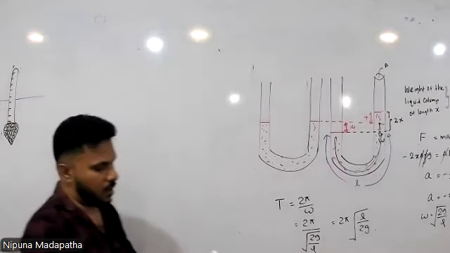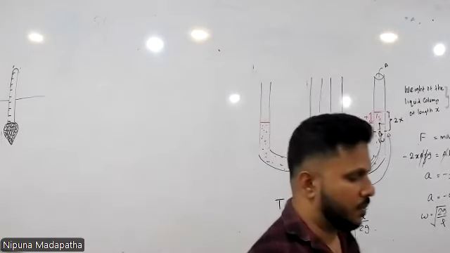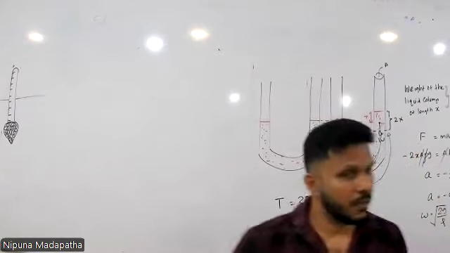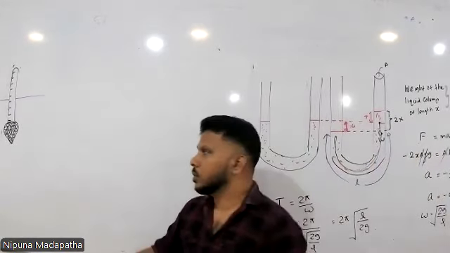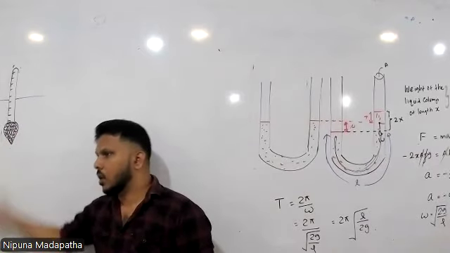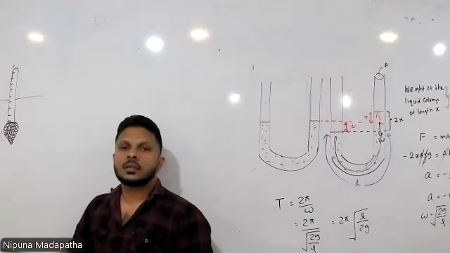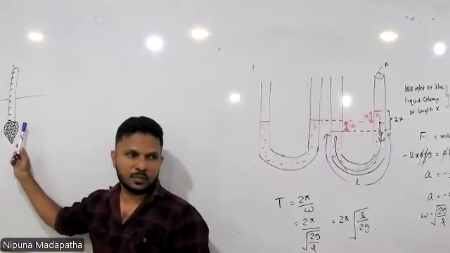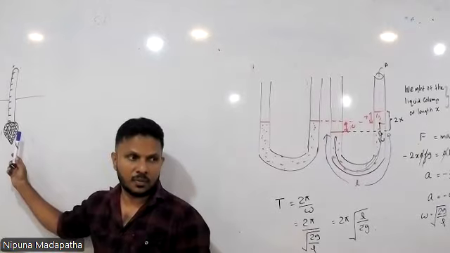What is the reason? In order to bring its center of gravity to the lowest point and to make sure the hydrometer is stable when it is immersed in a liquid.